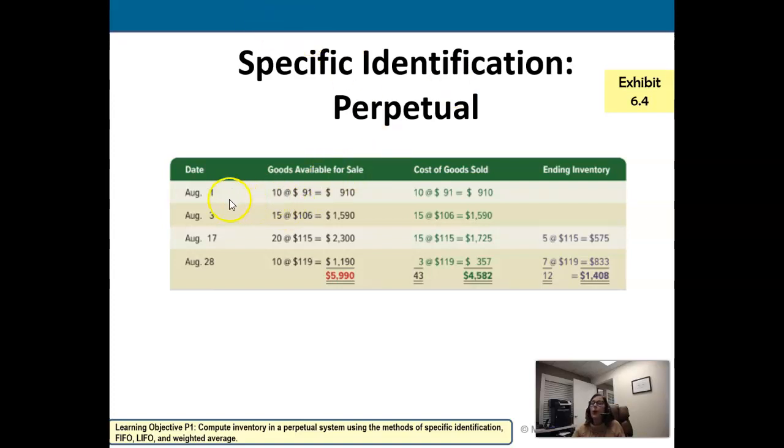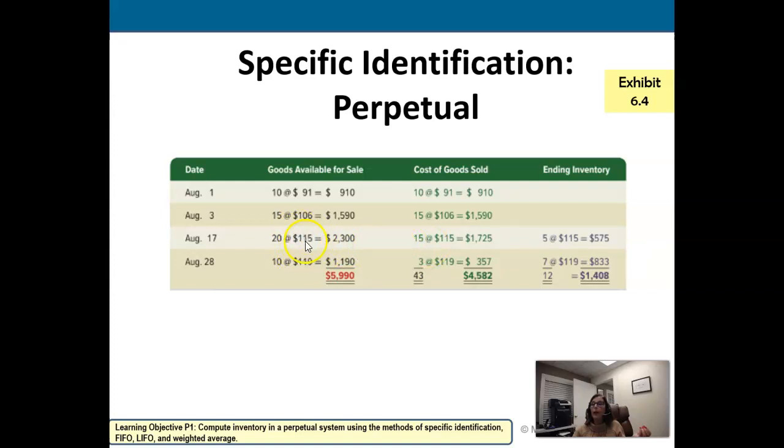So in this case, we've got goods available for sale on October 1st of $910, and we sold them all. So we have no ending inventory. Same thing happened on August 3rd, and we sold everything. August 17th, we had 20 items, but we only sold 15 of them.